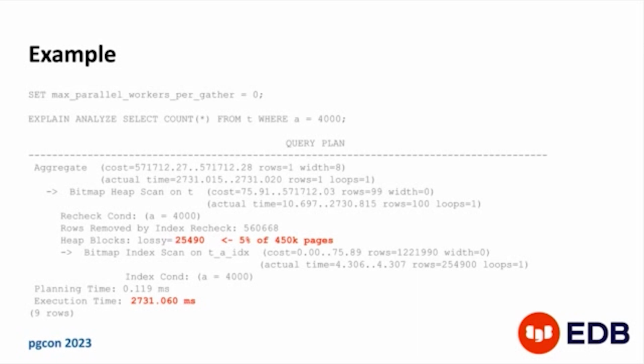We decide to scan roughly 5% of the table, so we eliminated about 95% of the table at the very beginning. Then the bitmap heap scan scans all of this, and it finds only the 100 tuples that actually match. So the idea of the BRIN index is to eliminate as many blocks as possible in this step.